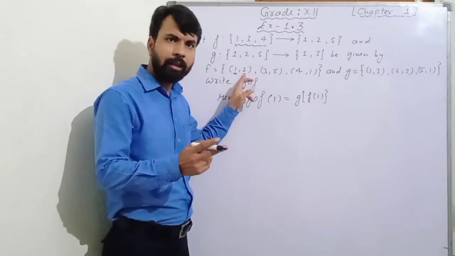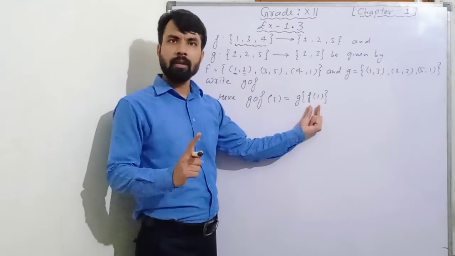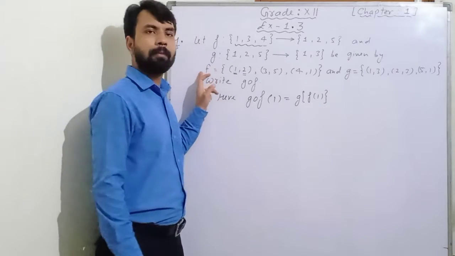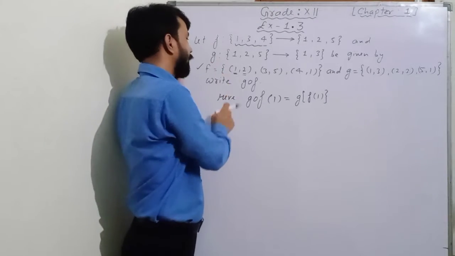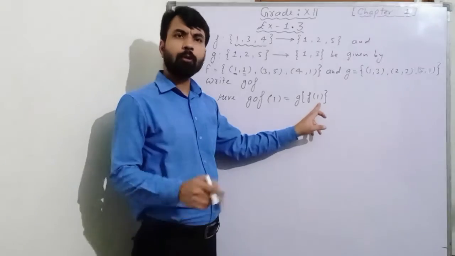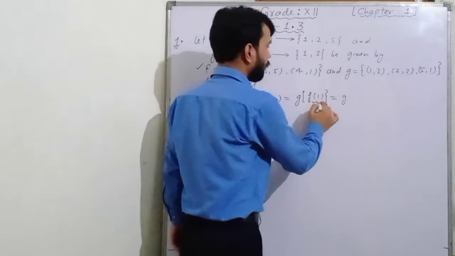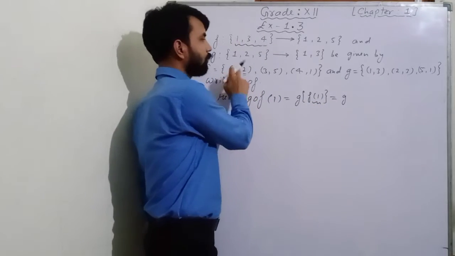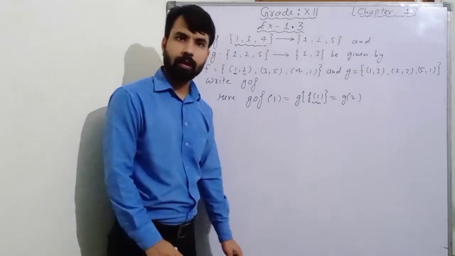Are you getting this point? What is the meaning of f1? f1 is the image of 1 under the function f. In function f, the image of 1 is 2, so in place of f1 we put 2.